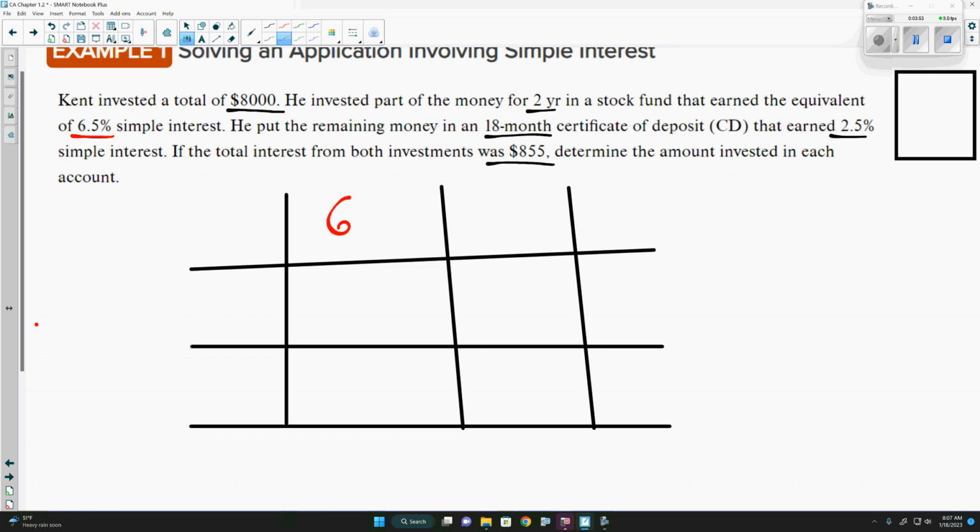Our 6.5% interest was one of the accounts. He's also earning another account interest of 2.5%, and we can look at this as the total amount. Now the tables don't have to stick to this exact format, but it's giving us a way to organize the data, organize our information.